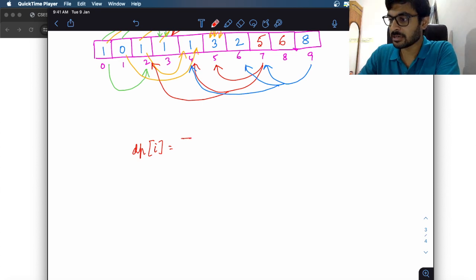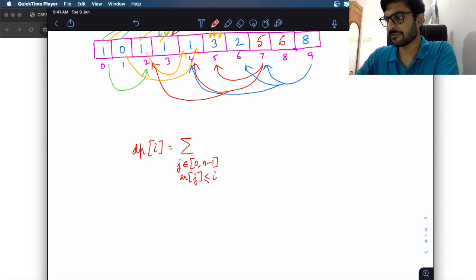It will be the summation over j belonging to 0 to n minus 1, such that AR j is less than or equal to I. We say for all these j, add up the DP of I minus AR j.